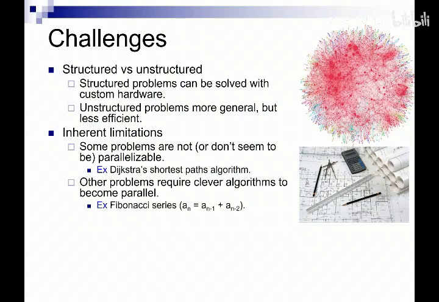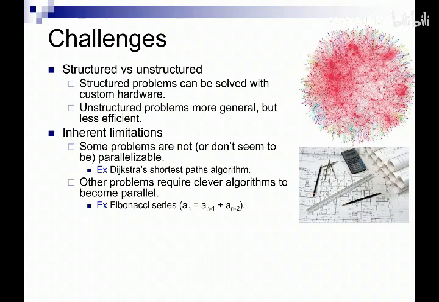So this process looks like it's sequential because whenever you want the next number, it seems like you need to know the previous numbers. However, it turns out that if you use a more clever algorithm, you can actually compute the Fibonacci series in parallel.